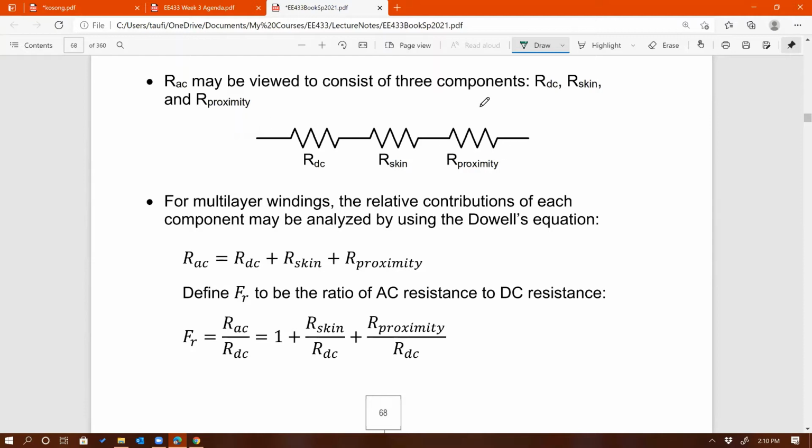In general, wire resistance consists of these three resistances: our DC, our skin, and our proximity. The whole thing is called RAC, the AC resistance of the wire. So RAC is equal to RDC plus R skin plus R proximity.